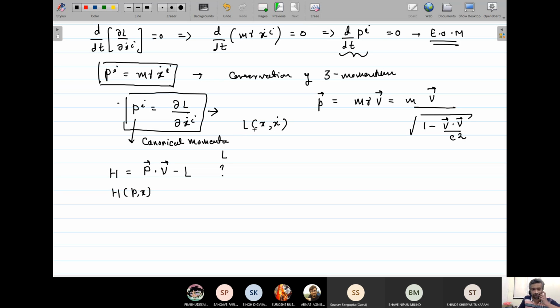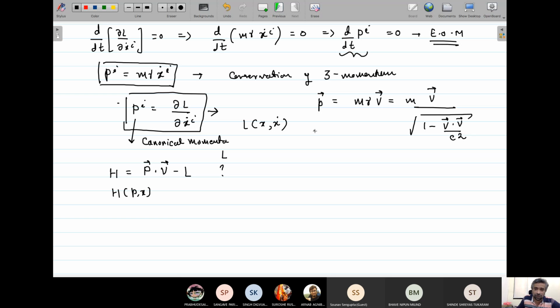You should never write the Hamiltonian in terms of X and X dot. That is wrong. The Hamiltonian is always written in terms of momentum and coordinate, and the Lagrangian is always written in terms of X and X dot.